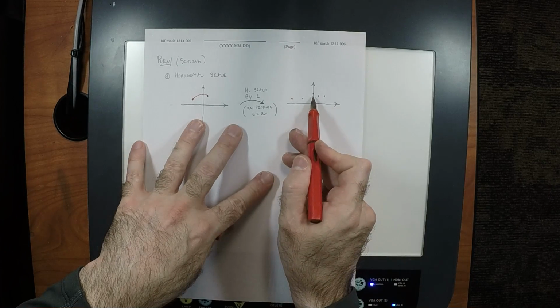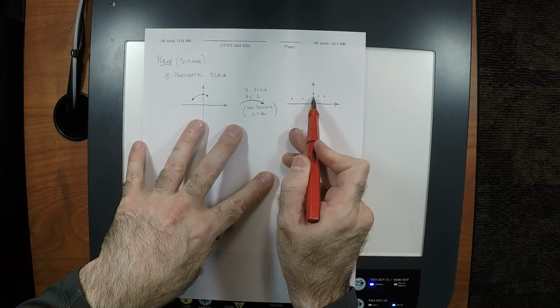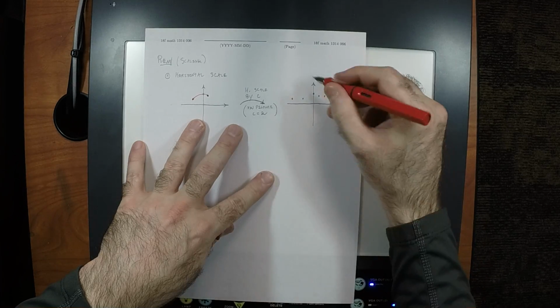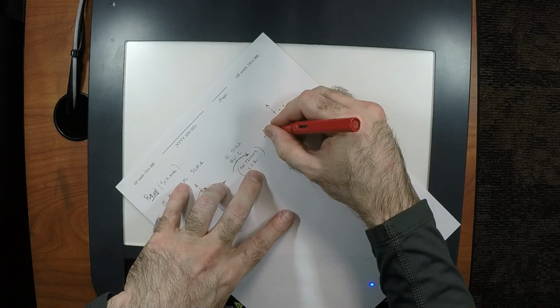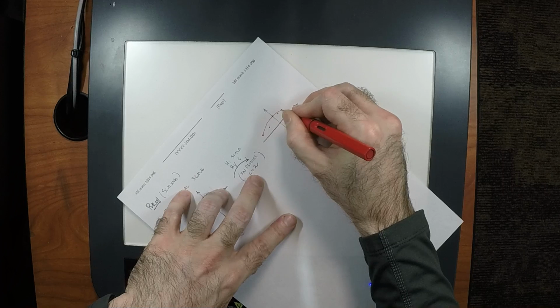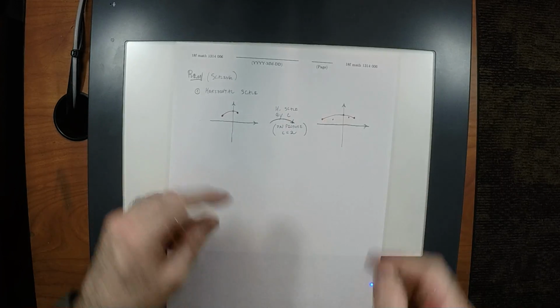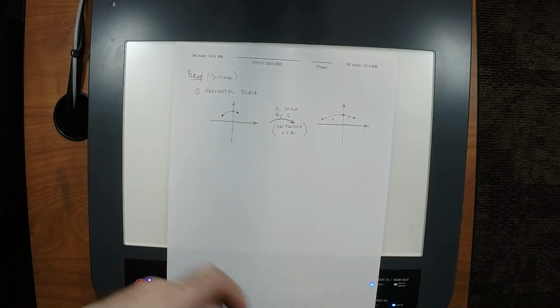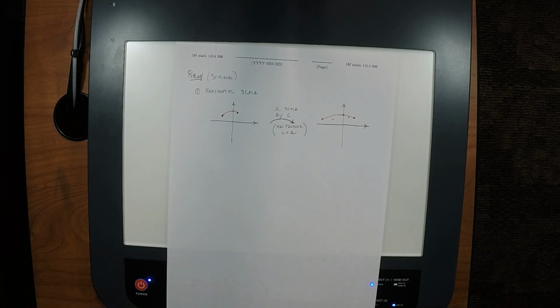What's its horizontal coordinate? 0, right? And what's twice 0? 0. So in fact, that point doesn't move. So the new thingy looks like this. So I took the red and stretched it out. Okay, and you can imagine I could have done the same thing, I could have squeezed it and compressed it.